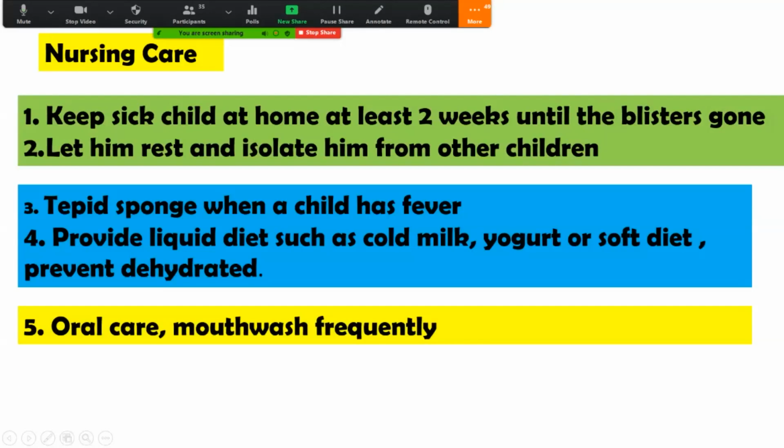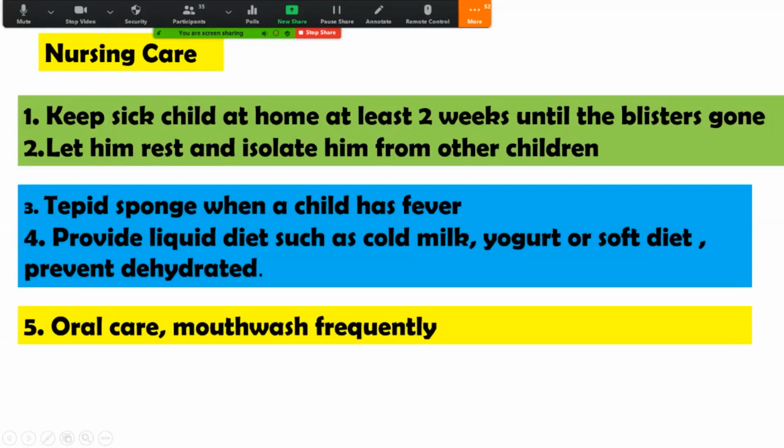Okay, so for the nursing care, what are we going to do for this child? If they go to the center, at the gate we already do the health screening. When we check and they have a high fever, we send them back home, talk to the mom, and give information on how parents take care of their child at home.